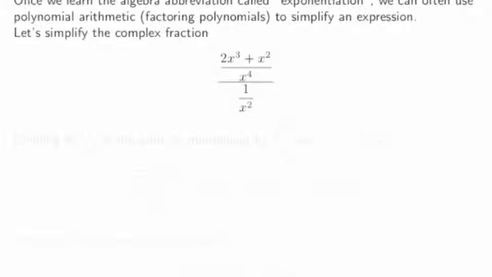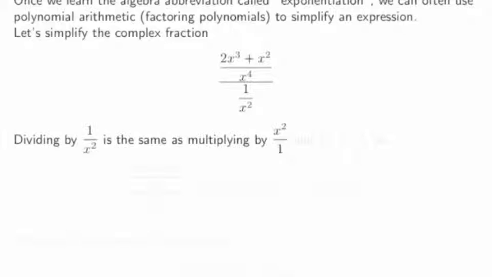Once we learn the algebra abbreviation called exponentiation, we can often use polynomial arithmetic, factoring polynomials, to simplify an expression. For example, here's a complicated fraction involving fractions in both the numerator and denominator. But dividing by 1 over x squared in the denominator is the same as multiplying by x squared over 1. And x squared over x to the 4th is the same as 1 over x squared.